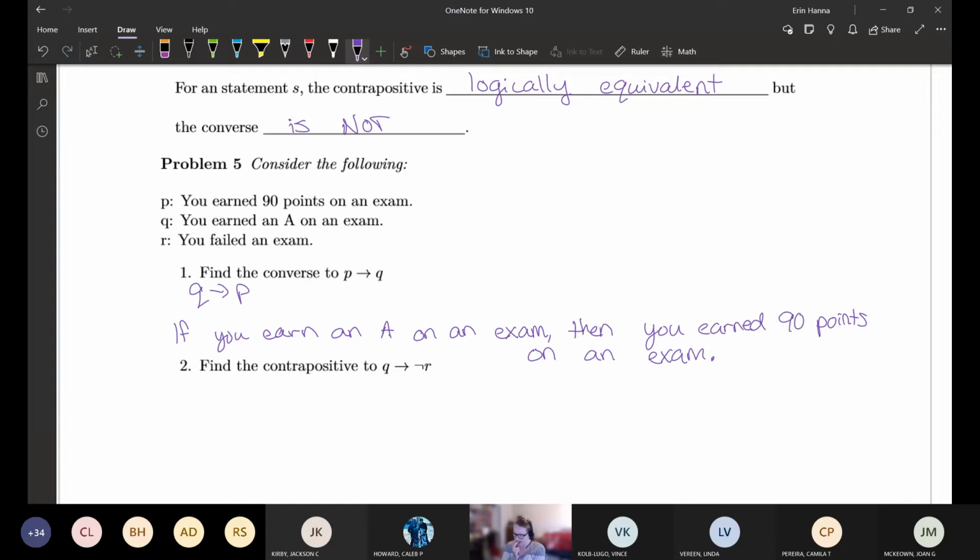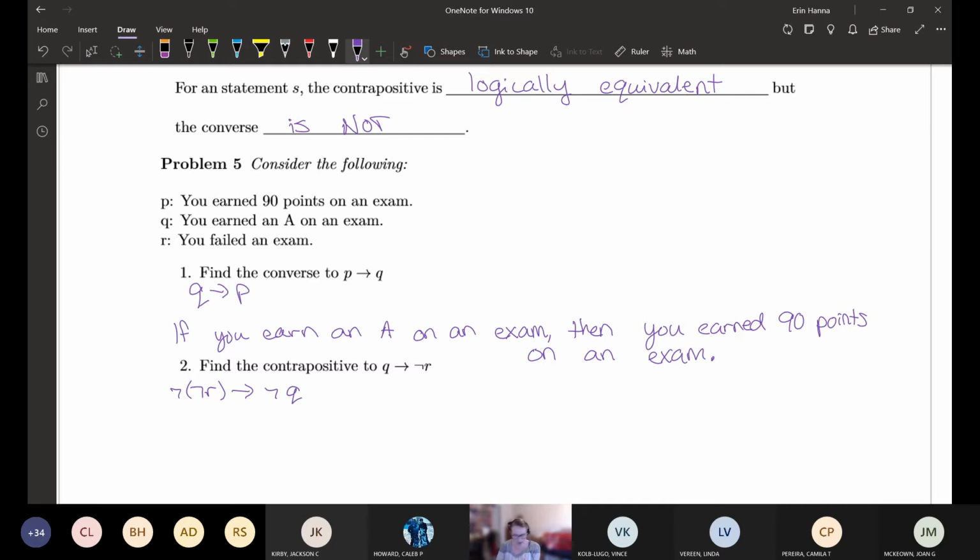Find the contrapositive to Q implies not R. Now, this one gets a tiny bit more complicated because it's not just Q implies R. It's got that not there. So I'm going to be very, very general here for a second. We flip them around and we negate both of them.